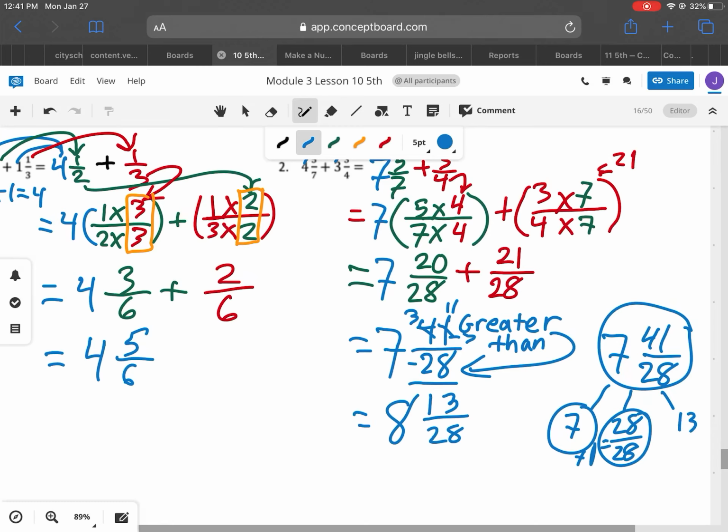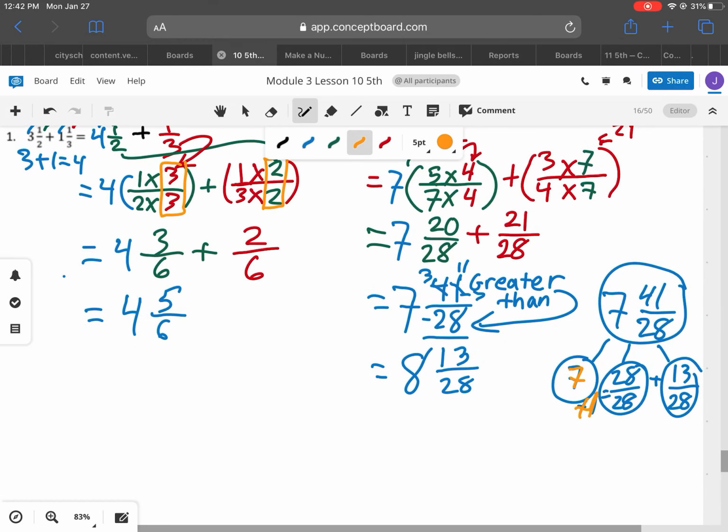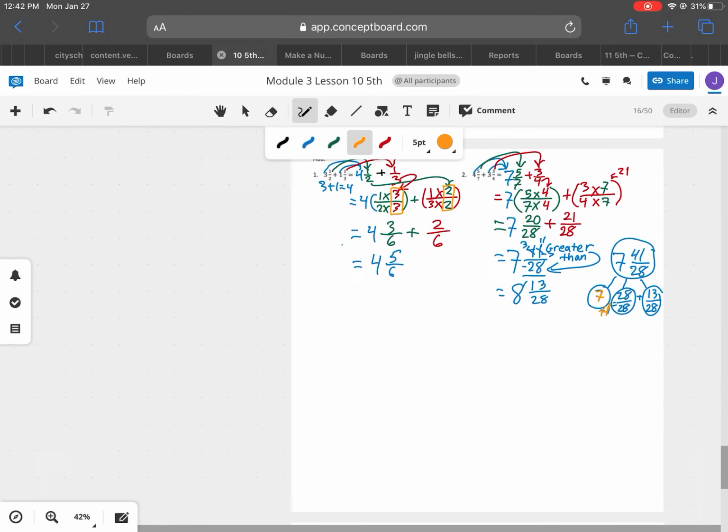Well, 13/28ths. Because if we add these two together, 28 plus 13, we get 41. Okay? And then we add up our 7 plus 1. That is 8. Don't forget.